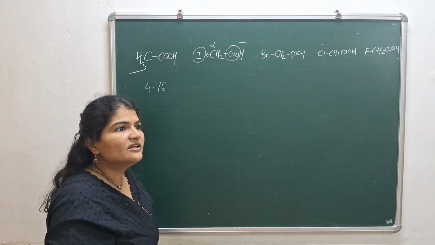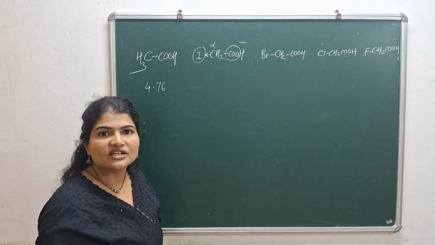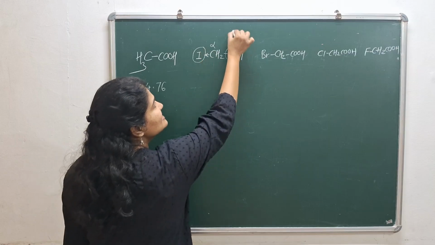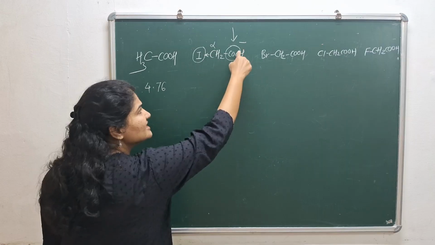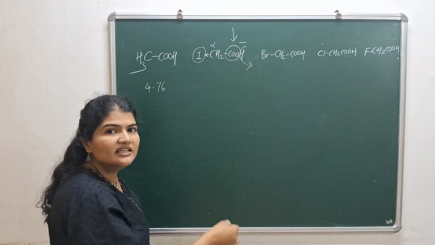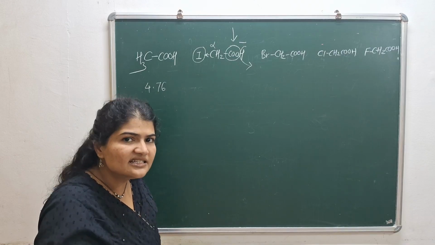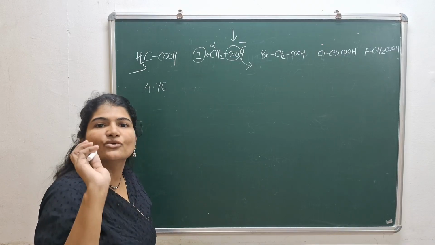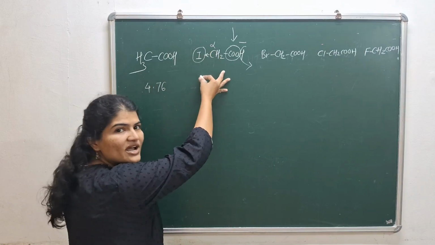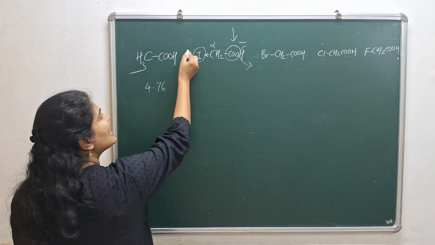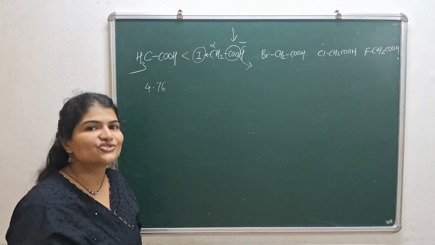Whatever reduces the negative charge, whatever stabilizes this anion, is going to help release this proton easily, and as the proton release is easier, the acid strength is going to be higher. So between acetic acid and iodoacetic acid, obviously iodoacetic acid will be stronger.